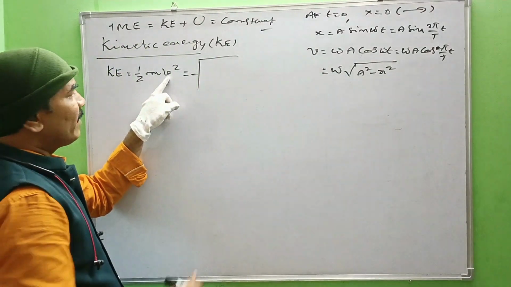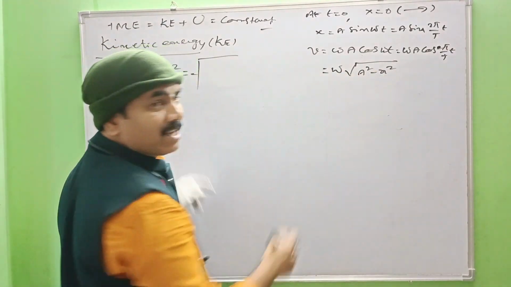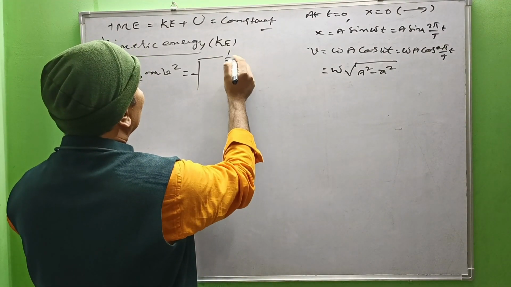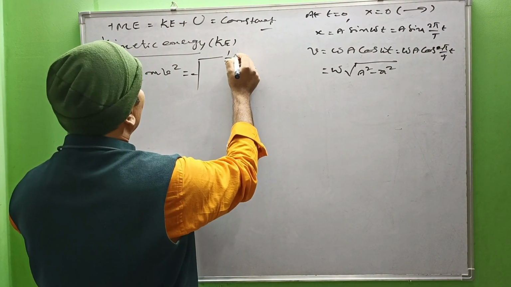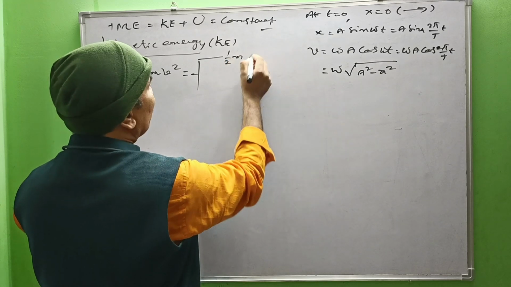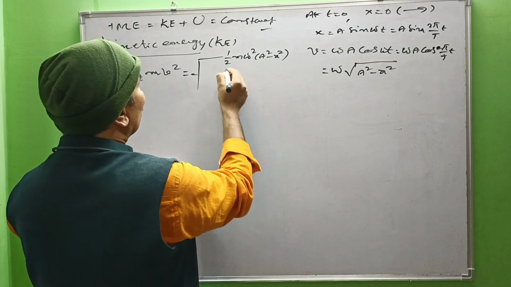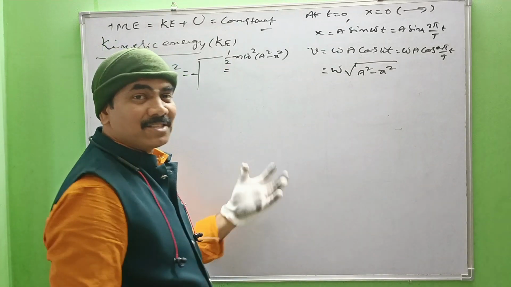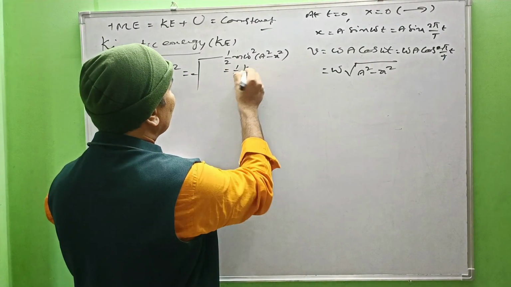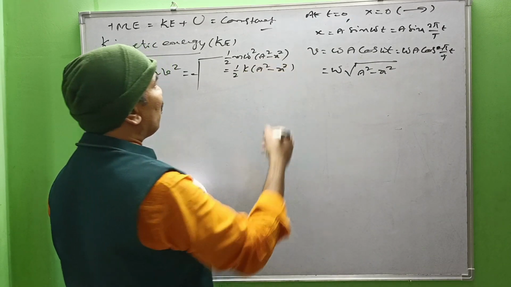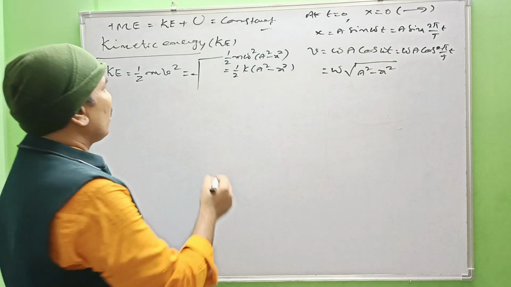On squaring, v square is omega square into a square minus x square. So half m omega square into a square minus x square, that also equals half k into a square minus x square, since m omega square is k.